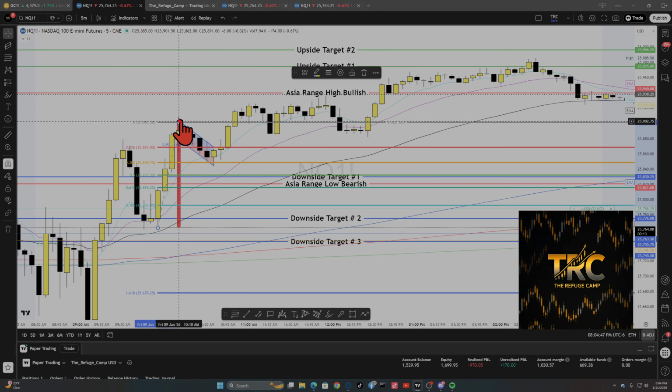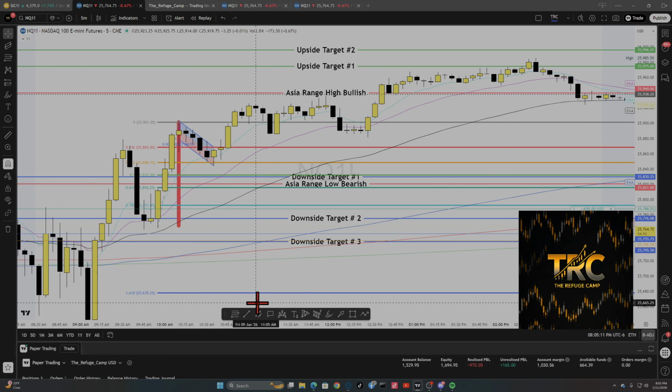Once you get good at identifying these, you can figure out exactly where that entry should be, right? You either enter here on the green line or here on the orange line. And you can tell exactly where that price is going to go simply by using a trend line to do this. All bull flags will pay 50% of that pole overhead.